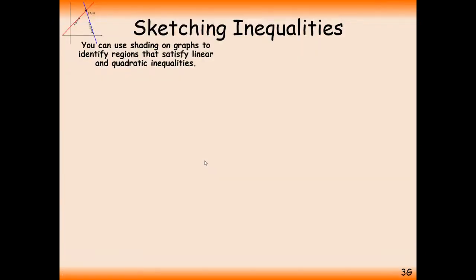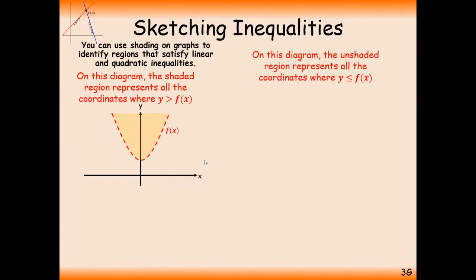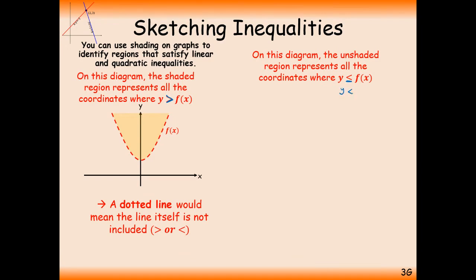So, sketching inequalities. As I said, there is a difference when you have equality with the inequality or not. Here you see underlining, which means y could be equal to as well as less than f of x.